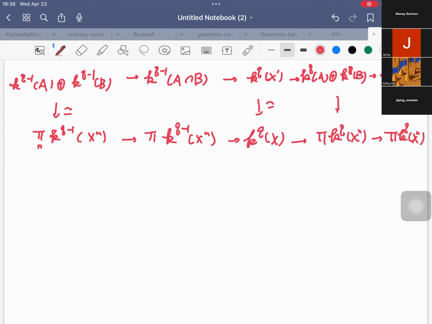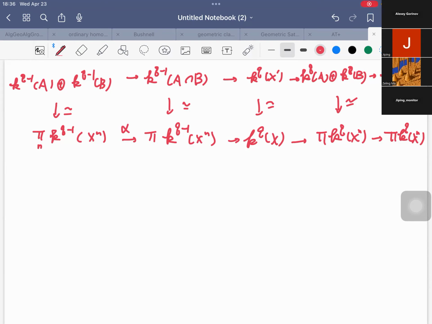These are also isomorphisms, but here we have no short exact sequence. Well, we do have a short exact sequence. It's just a little longer than the one we had before.